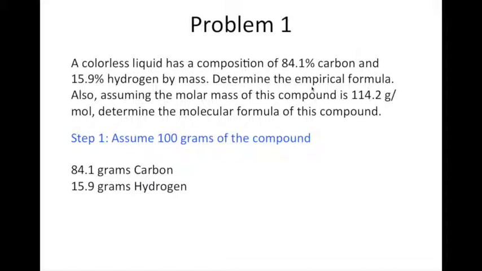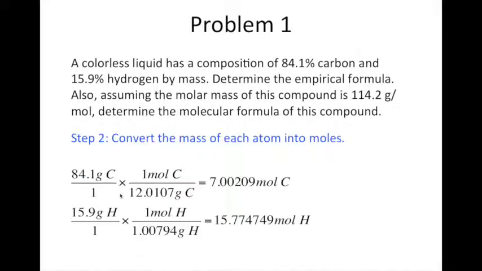Let's assume we have 100 grams. Then we can convert our percentages into grams of carbon and hydrogen. Next, we convert our masses into moles using the molar mass of carbon and the molar mass of hydrogen. So we get about 7 moles of carbon and about 15 moles of hydrogen.